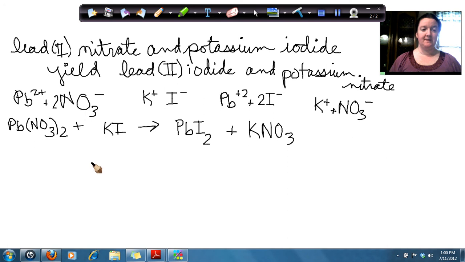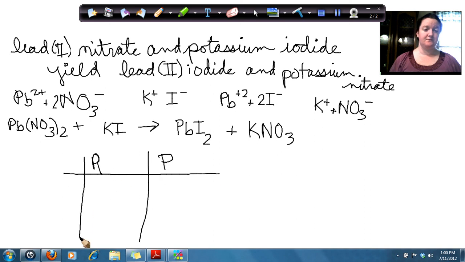Now I need to balance out my atoms. If I look at my reactant side, and then I have my product side, make my table. I'm going to start out with lead, and list my potassium.